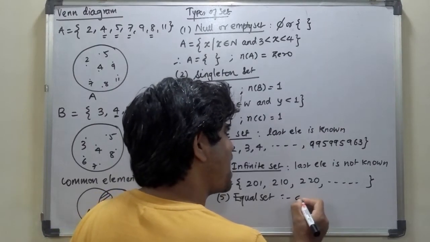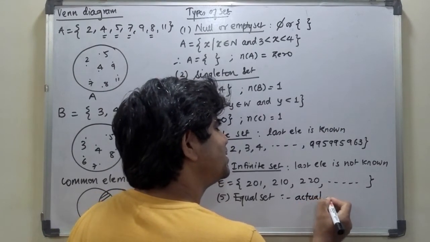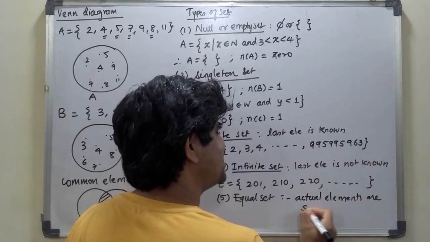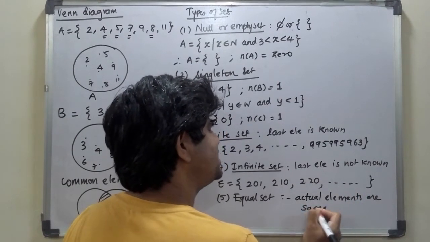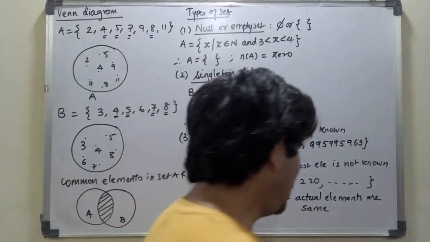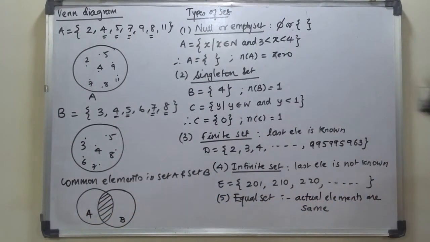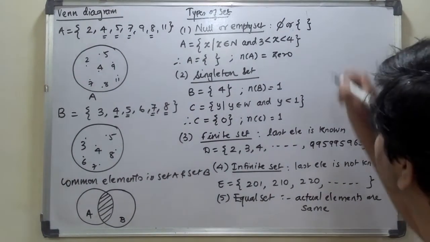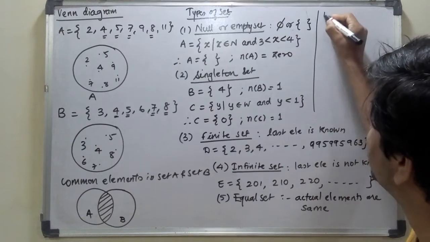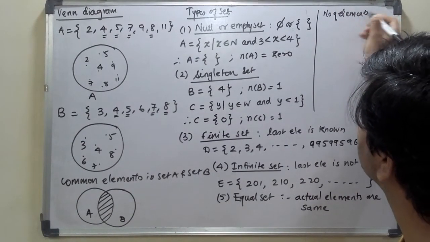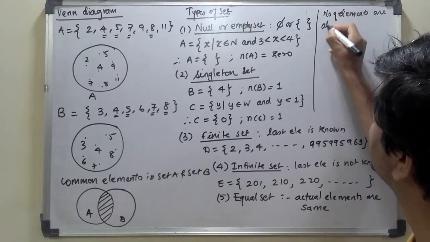That is, actual elements are same. To this I will add one thing. Actual elements are same as well as number of elements are also same. That is, along with this, number of elements are also same.